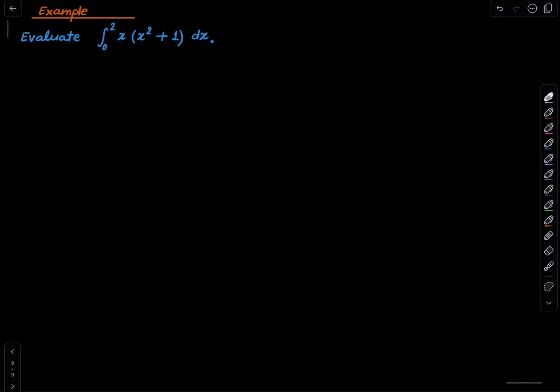So let f be, how should I define it? Let's define f later; let phi be defined in this way. Phi goes from 0 to 2, yeah, that's what I want. So phi is defined from 0 to 2 with phi of x being x squared plus 1.